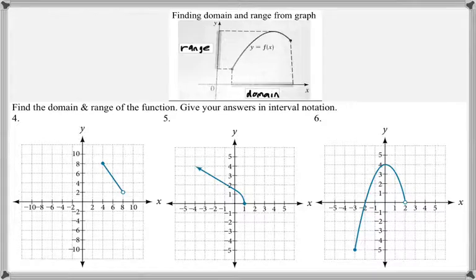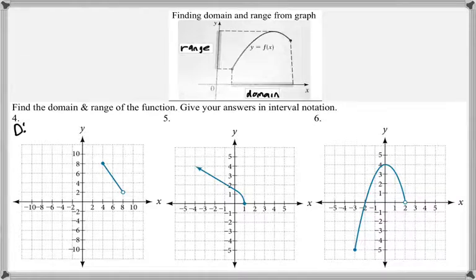So the questions say find the domain and range of the function, and they want you to give the answers in interval notation. So if you look at number 4, the domain, again, I'm only concerned with left and right. How far left does this function go? How far to the right does this function go?